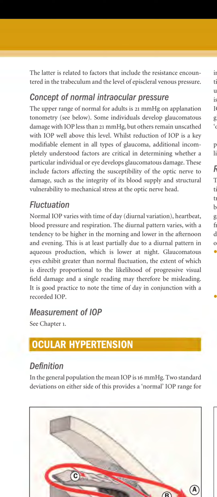So if a patient comes to you with glaucomatous optic neuropathy and the pressure is normal, you tend to do the diurnal pressure so that you can know of any spike of IOP during any time of the day and notice any kind of diurnal variation.